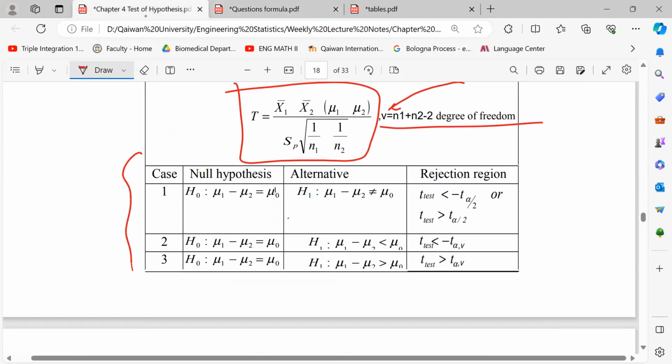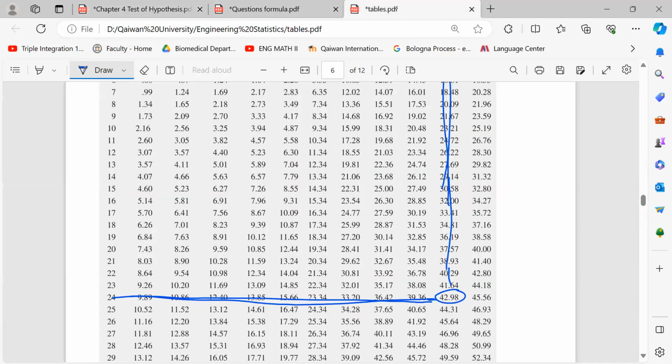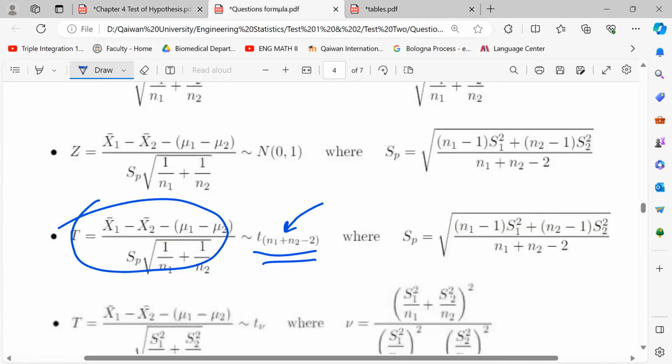It's similar to the previous ones. But here we have t-tests. You should know this is t-test. Here we use t-test. Based on the rule, you know that's t-test as it's t.